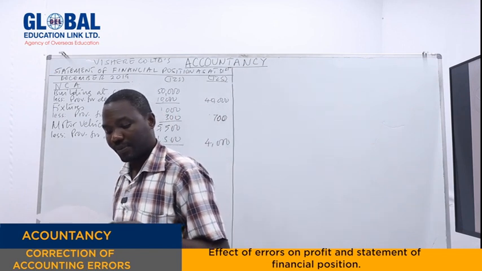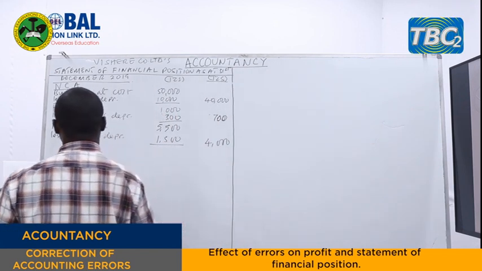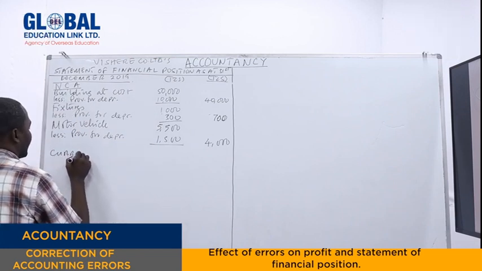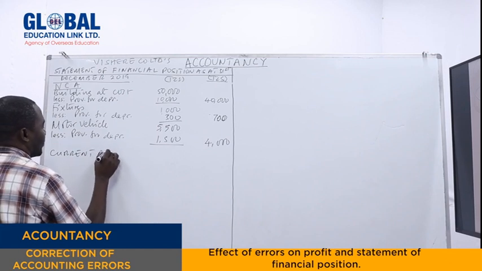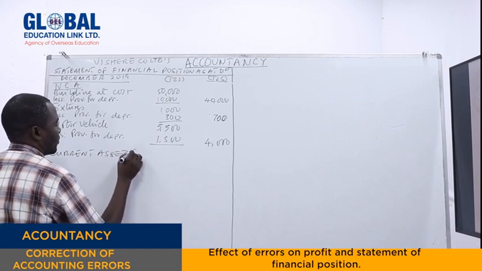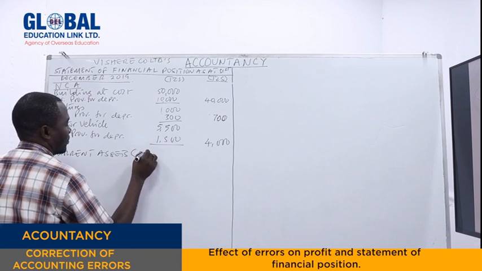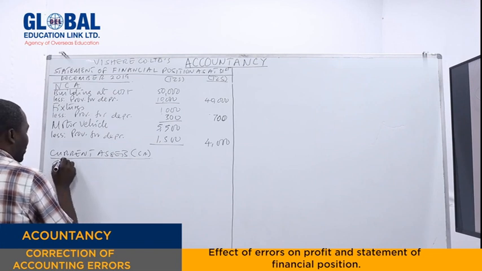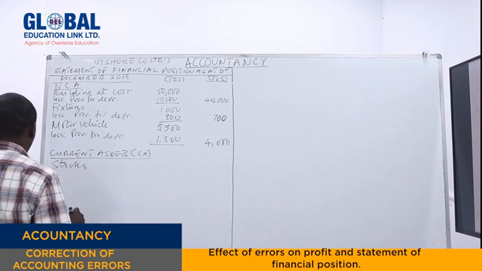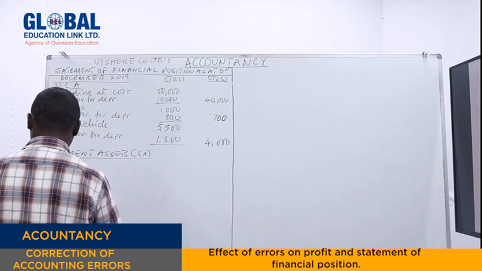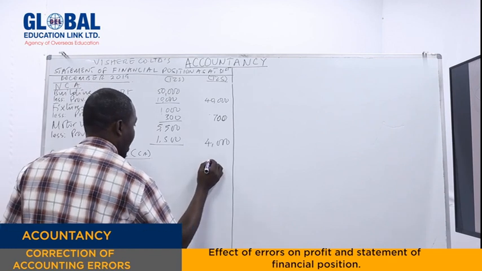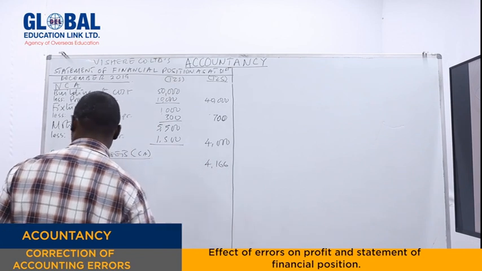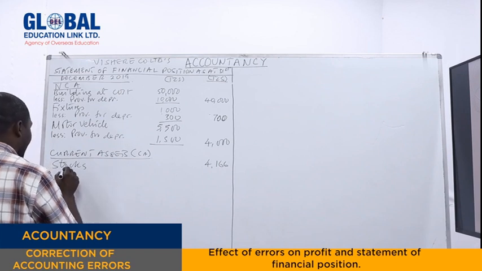Then we go for stock. That is a current asset. With the current assets, we have stock. We are told that stocks were 4,166. Then we have debtors.